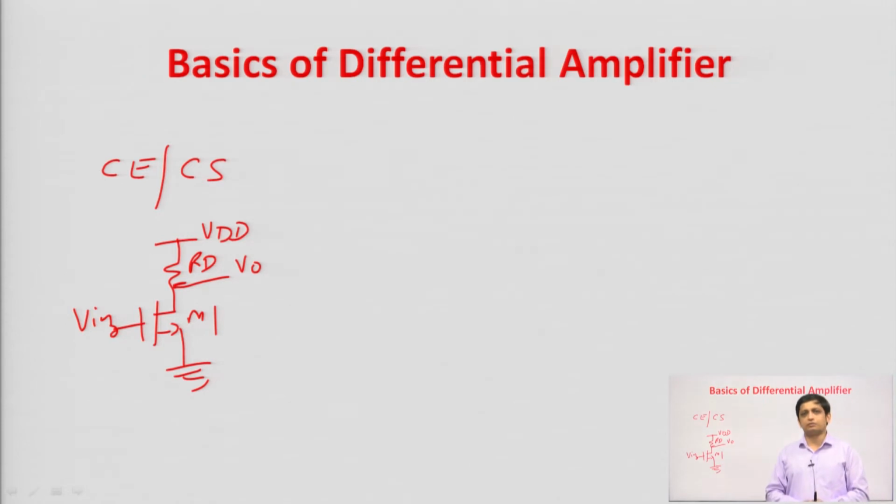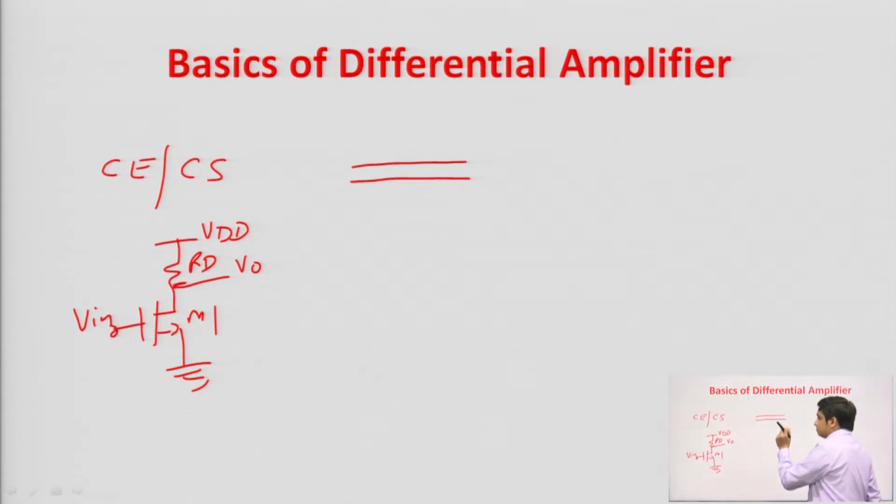The reason is that, to understand it, let us consider two wires that are physically very close, fine. So, the interference or noise added to these two wires will be same because both are physically very close. So, if there is a differential amplifier, then it will amplify the difference between two signals.